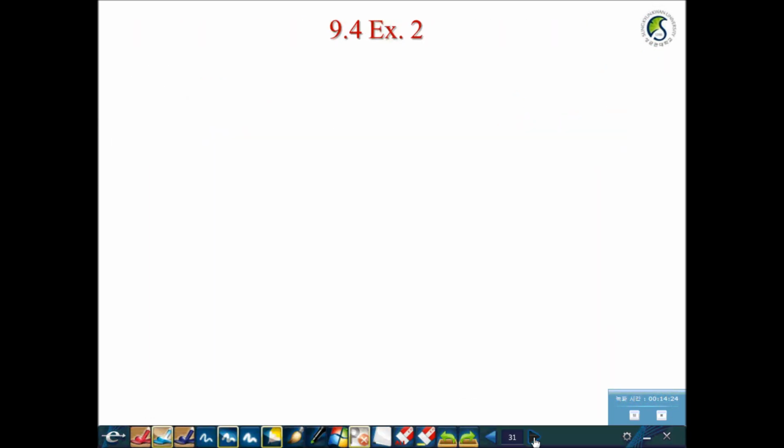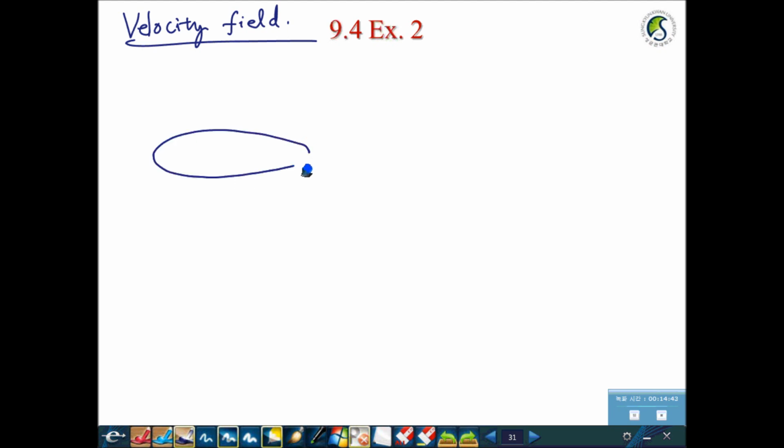Okay, let's take an example. Example 2, on page 377. It's a velocity field. Let's assume that we have a disk, a rotating disk. We have a thin layer of circle.